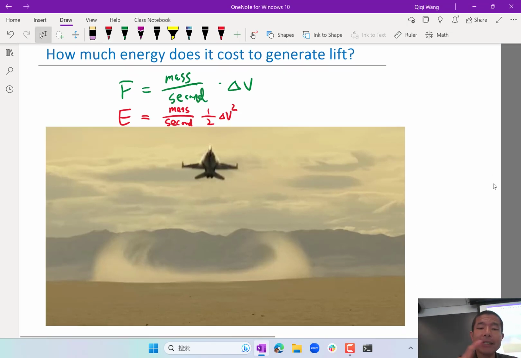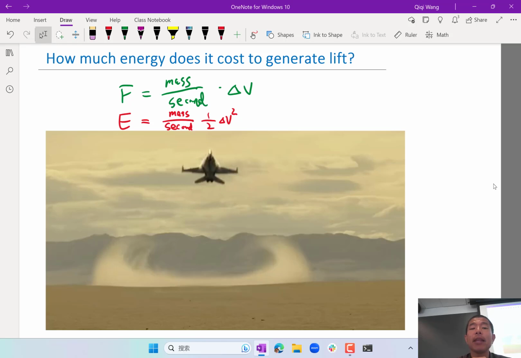So that makes it a very interesting thing, because in order to generate the same amount of lift force with less energy, which of the two terms do you want to make large? Which of the two terms do you want to make small?